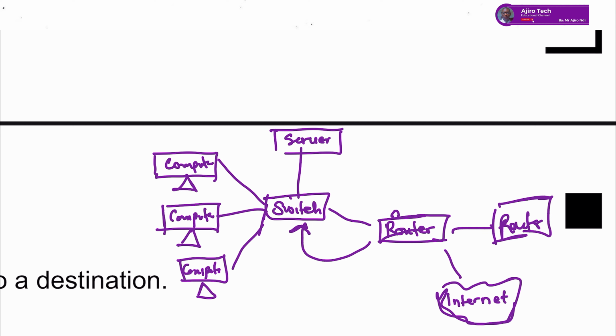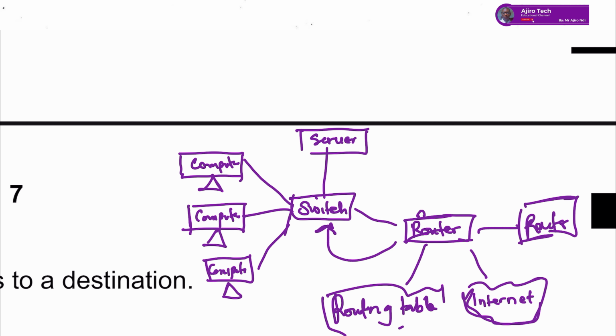Now, what happens is that the routers know where to send the data packet. And why? Because the router has a routing table. Okay, has what we call what? The routing table. Are you with me? And this routing table will contain information about the router's immediate network, such as what?